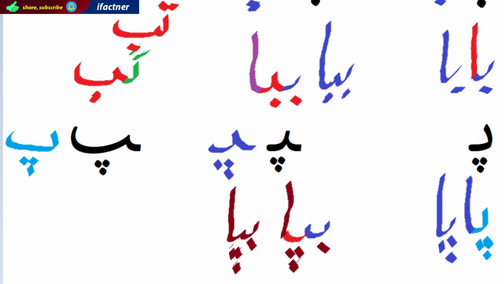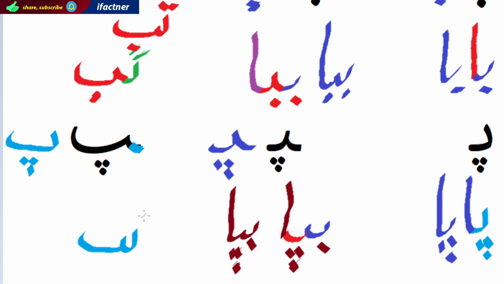Now when Pe appears at the end of the word and it is connected to the second last character, then we use this connector and then the whole Pe. For example, we have a word Tap. Tap means if something is heated.